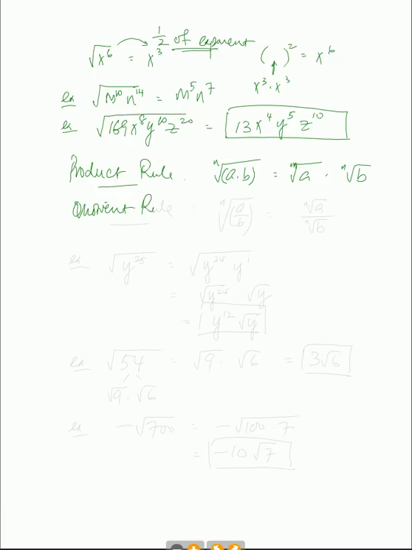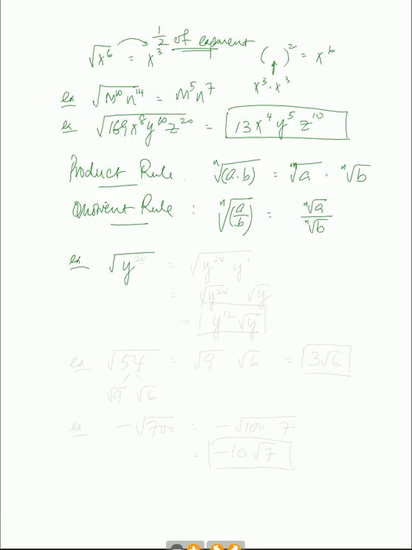That rule is what you call the product rule. The other rule that we've also used is called the quotient rule, which says that when you have a division, equivalently you can peel them apart and deal with them separately before combining them again. These are the two rules we'll be using.